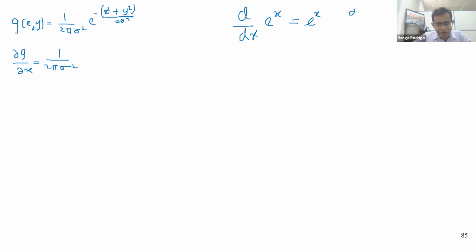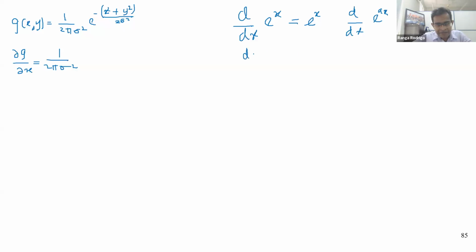Rules from your O levels, A levels. d by dx of e to the power of ax is a times e to the power of ax.